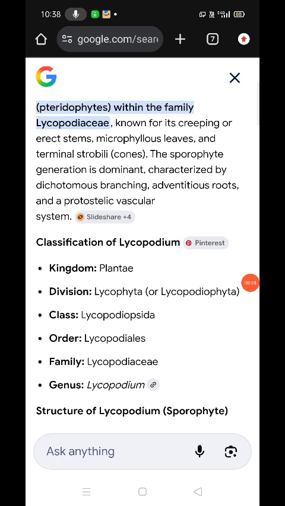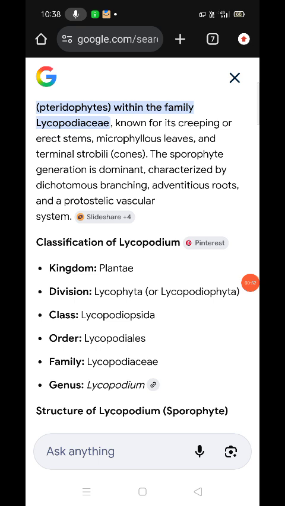Now, as we know, Lycopodium is dichotomously branched and erect, with small branches having adventitious roots, and it has a protostelic vascular bundle. These are the characteristics of pteridophytes that include Lycopodium.